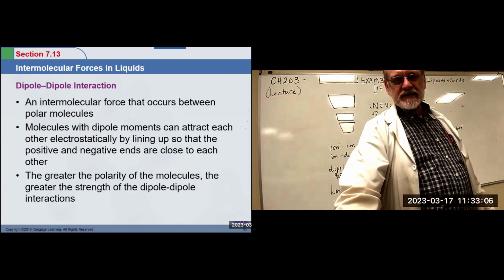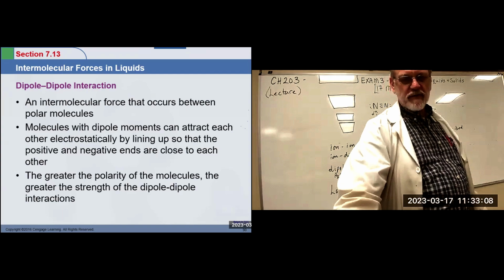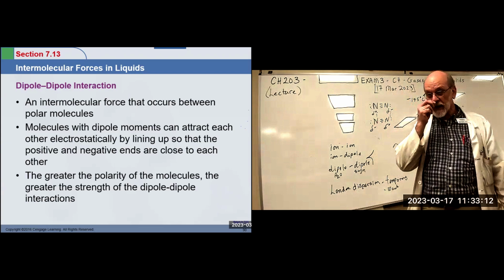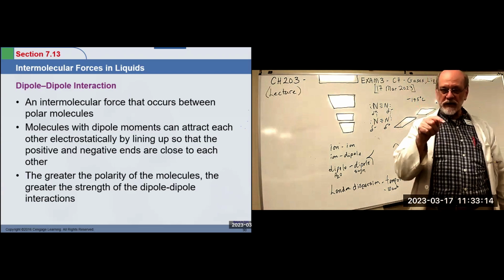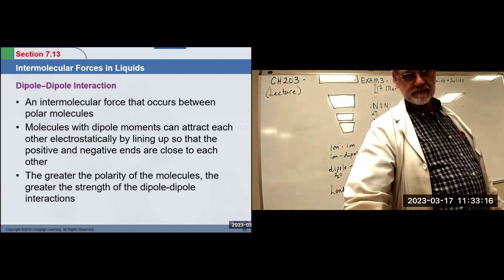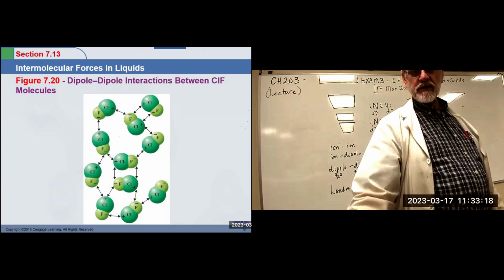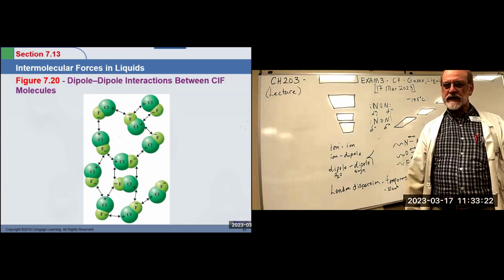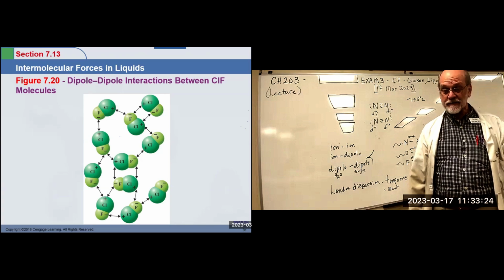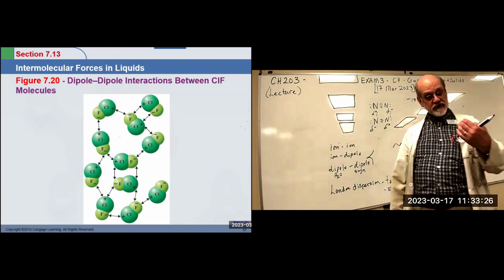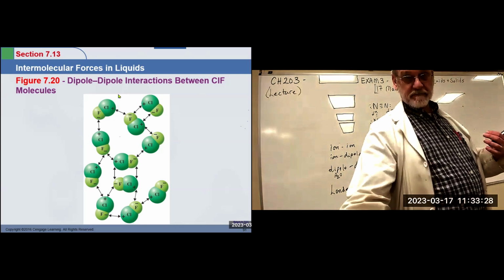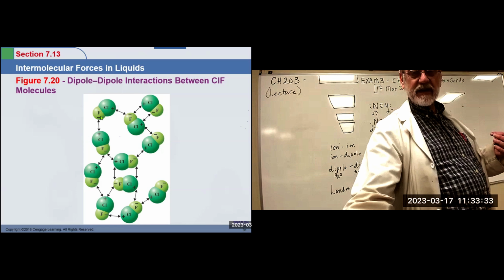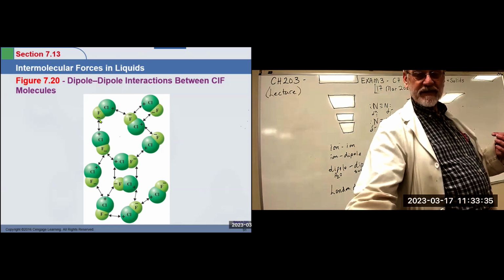So this dipole-dipole interaction I've described before depends upon the polarity of the molecules. If you have polar molecules, you will have dipole-dipole interactions. And here is a molecule of fluorine and chlorine. Fluorine is a stronger, more electronegative atom, which draws electron density toward itself, making the chlorine side a little positive and the fluorine side a little negative.